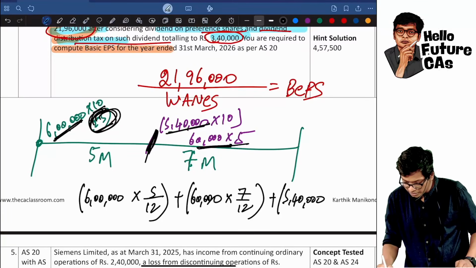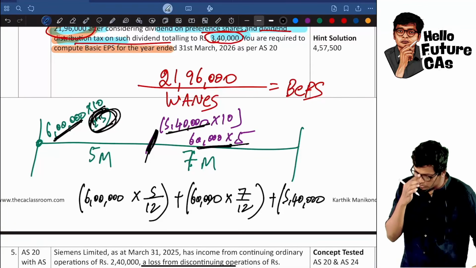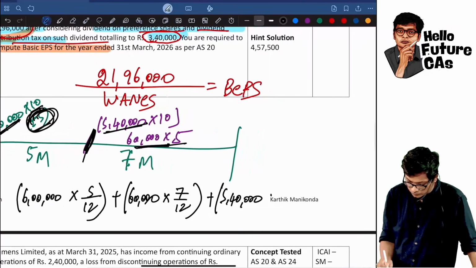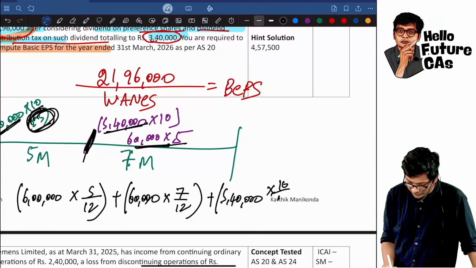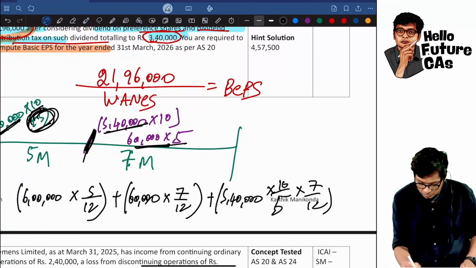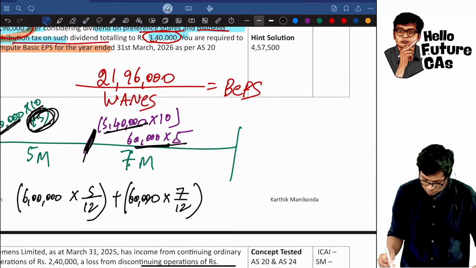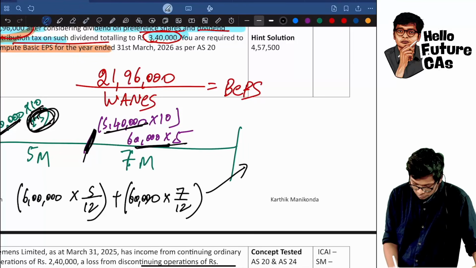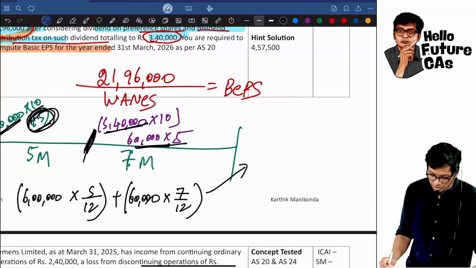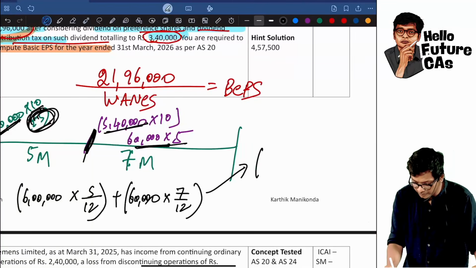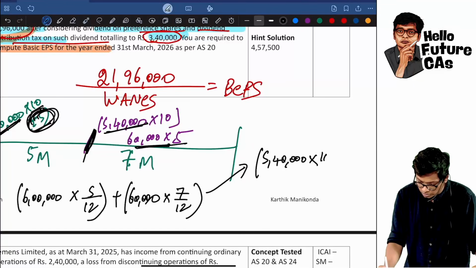And what about this 5 lakh 40 again? 5 lakh 40 into 10 by 5 into 7 by 12. Let me just rewrite that again. Here, 60,000 will be common for the second part. The second one will be again 5 lakh 40 into 10 by 5.